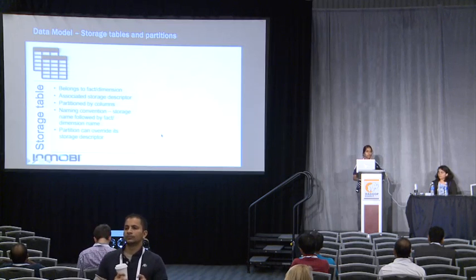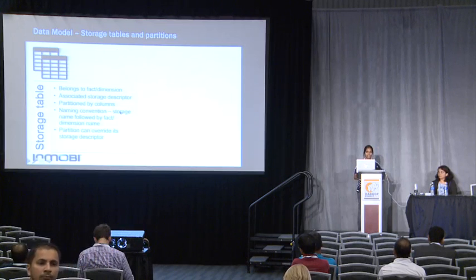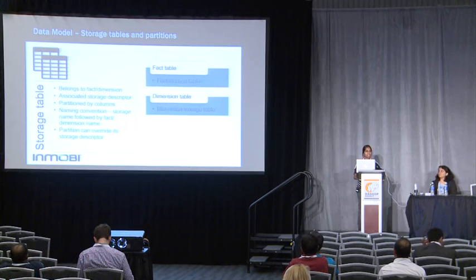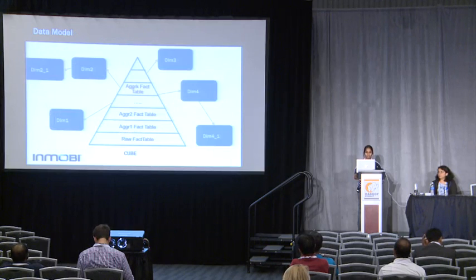And each partition can override its storage descriptor, as it is already available in Hive. So you have fact tables and dimension tables, finally, which have the storage tables. If we look at our pyramid back, the whole pyramid is actually the cube, and then each box there is a fact table. And then each blue box here is a dimension table.